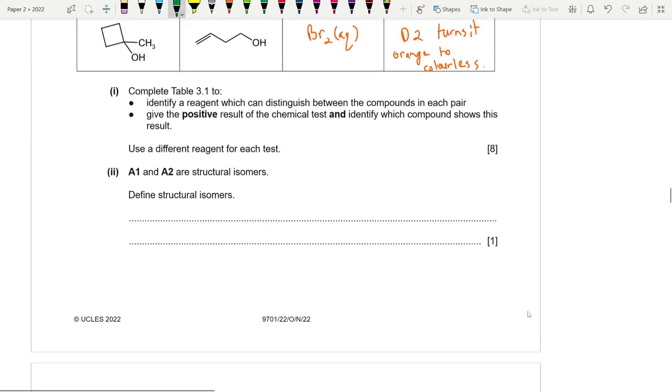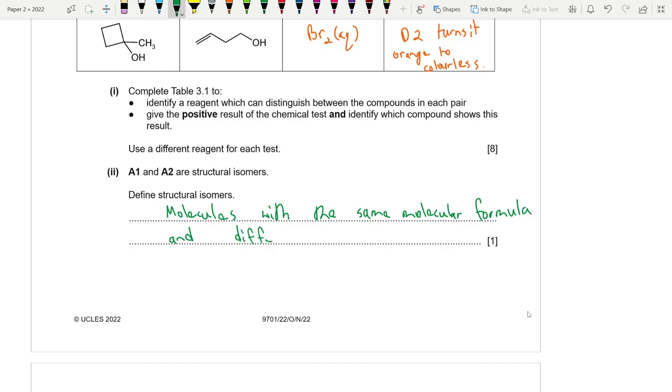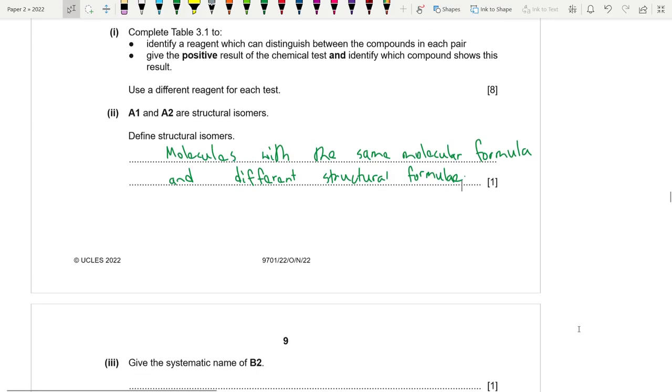So basically, structural isomers are molecules with the same molecular formula and different structural formulae. Great. I've seen this definition in the previous variant as well.